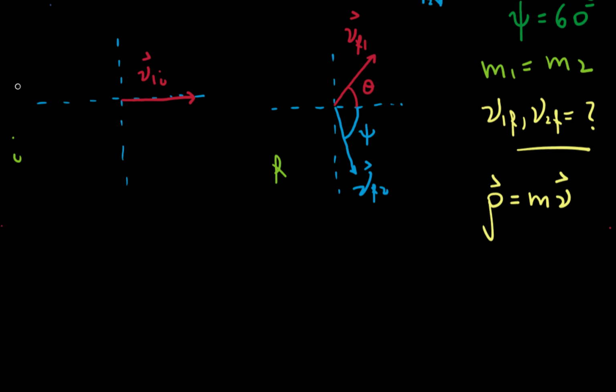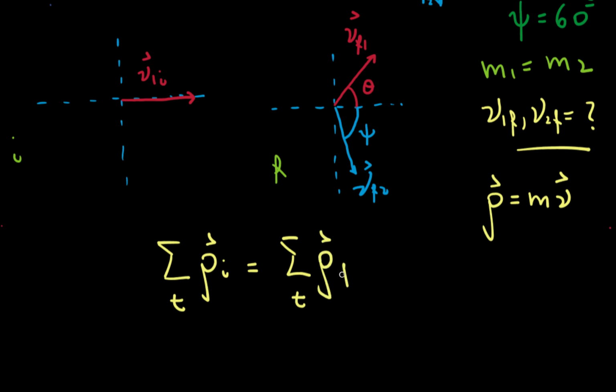And if you remember the statement for conservation of momentum, it is that the sum of all the initial momentums needs to be equal to the total sum of all final momentum. Okay?